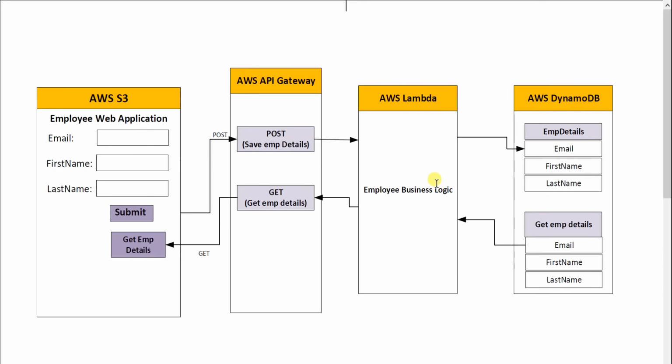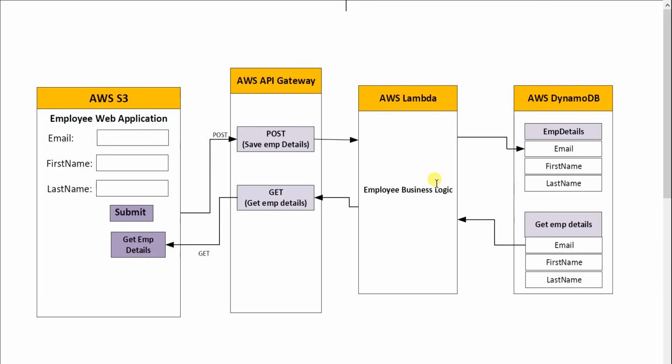Once these three components, API Gateway, Lambda function, and DynamoDB, are ready, then we'll create our HTML. We'll host that HTML; well, actually that is not really hosting, but for simplicity, assume that is hosting. We'll keep our HTML file in AWS S3, and from there we'll connect to API Gateway for the GET and POST functions.